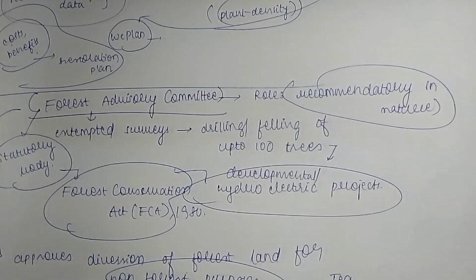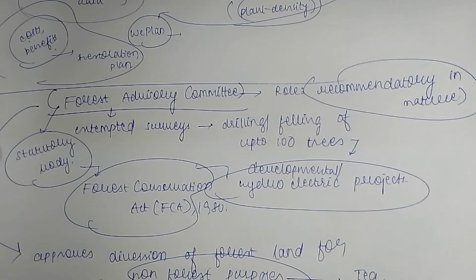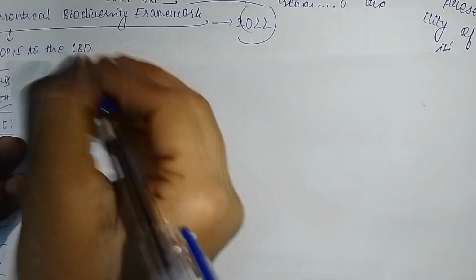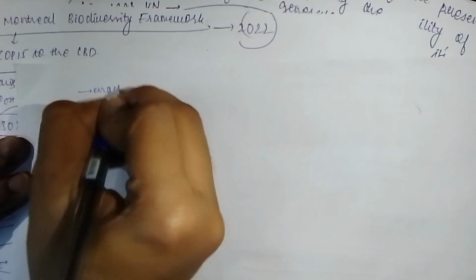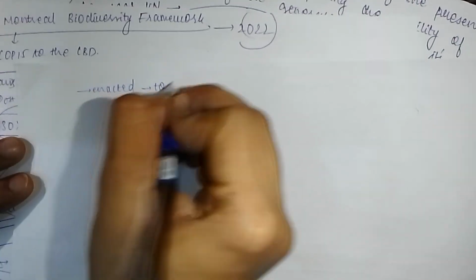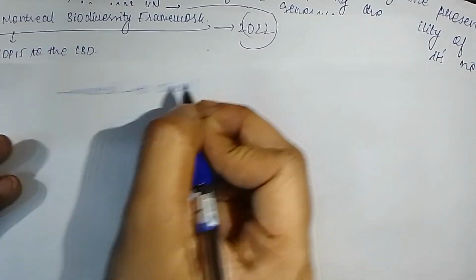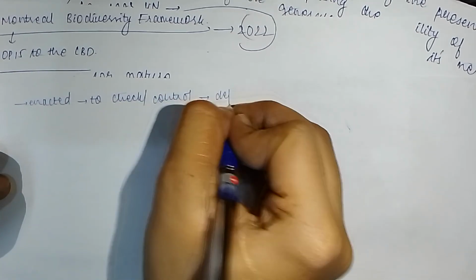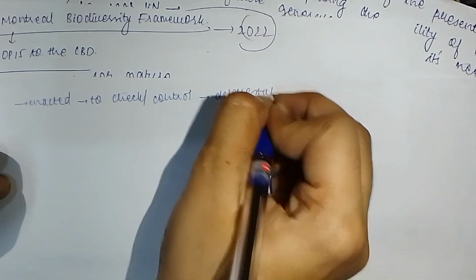So, with regards to the Forest Conservation Act, it was basically enacted to check or control deforestation, one of the major objectives.